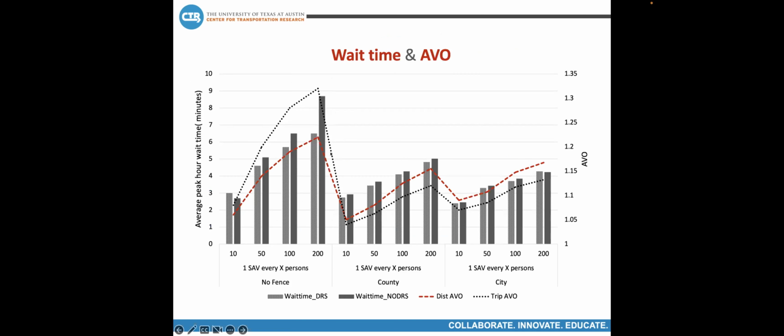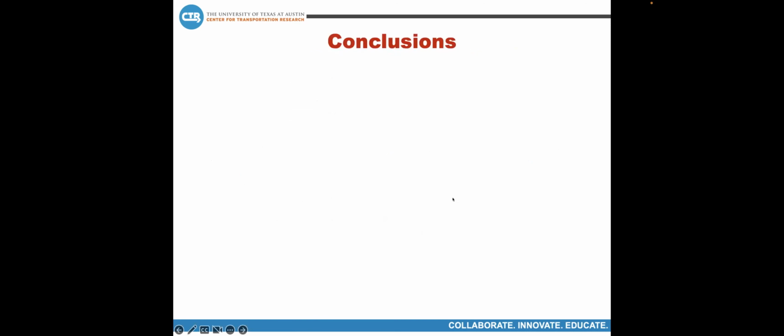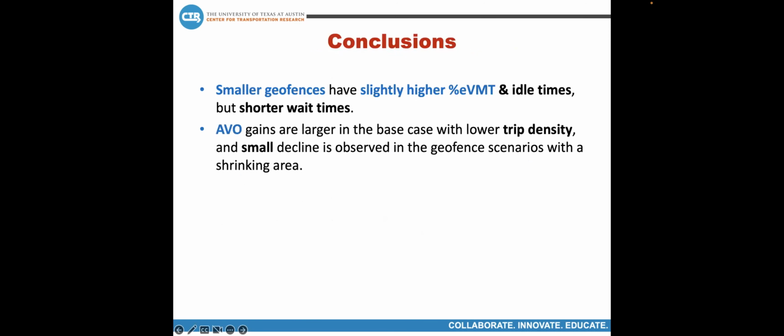So we see here that geofencing at the county and the city levels is going to lower these differences in wait times between the largest and the smallest fleet sizes to under 2 minutes, regardless of DRS.